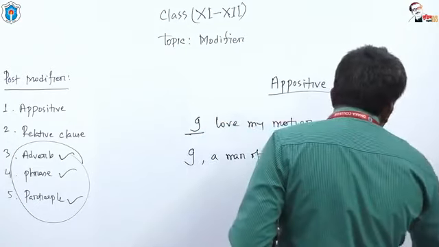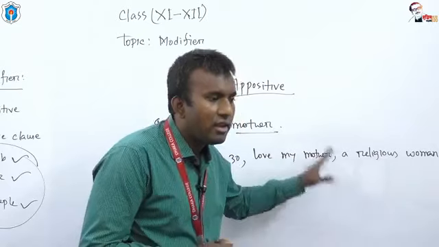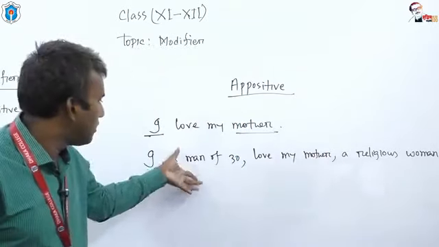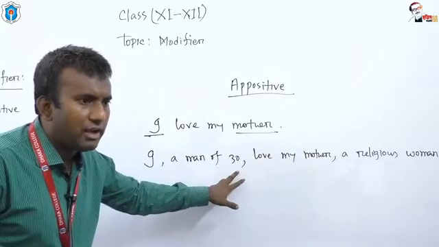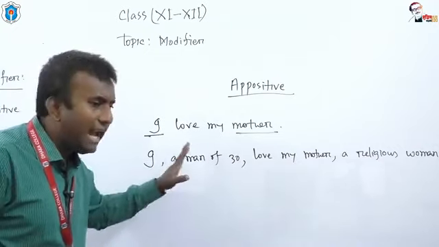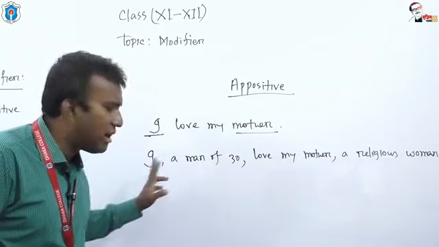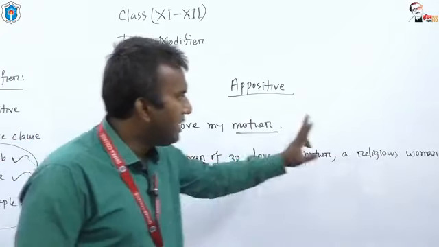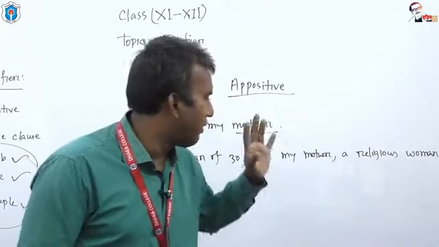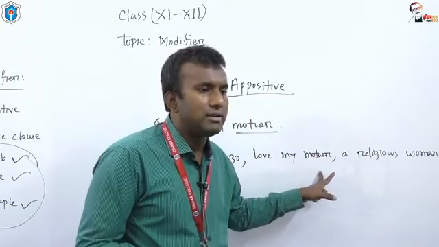Do you find any additional information about I? Do you find any additional information about mother? A man of 30 is additional information about I. A religious woman is additional information regarding my mother.